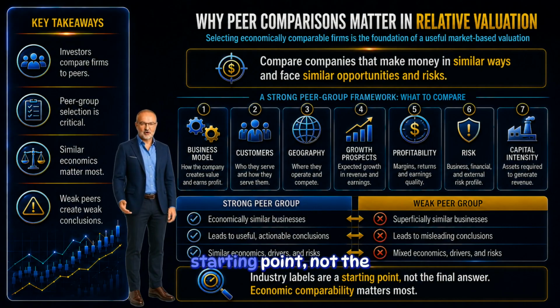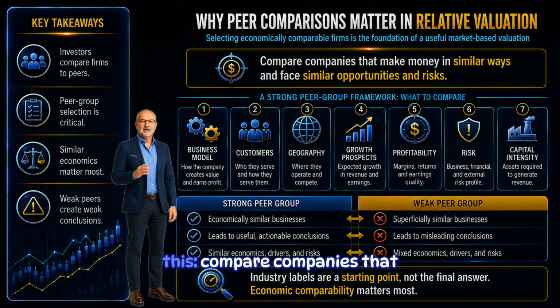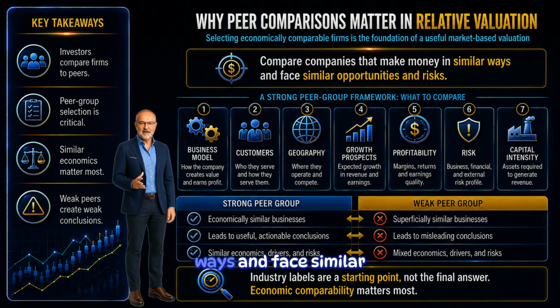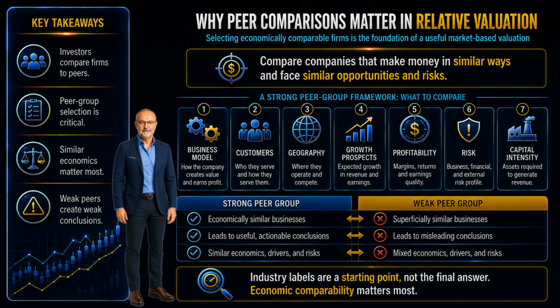Industry labels are a starting point, not the final answer. Two companies can be placed in the same industry classification, but still have very different economics. The key idea is this: compare companies that make money in similar ways and face similar opportunities and risks. When the peer group is weak, the conclusion can be misleading. When the peer group is strong, the comparison becomes much more useful.